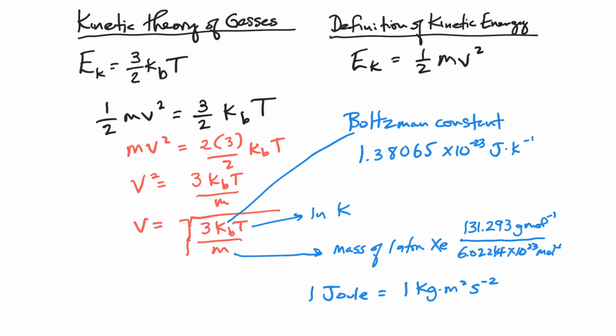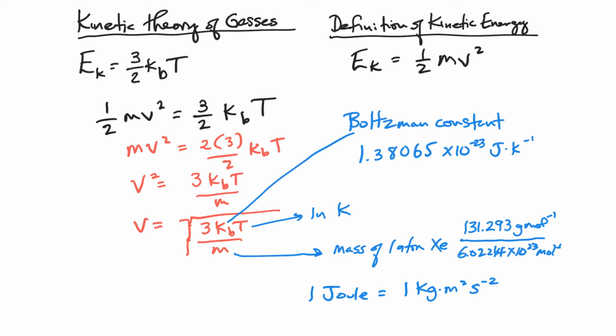Now, velocity we understand as speed, how much distance you cover in a certain amount of time, so meters per second. If we do all this, you're going to see that Boltzmann's constant is in joules per Kelvin. That means how much energy it takes, and that's really not our understanding.